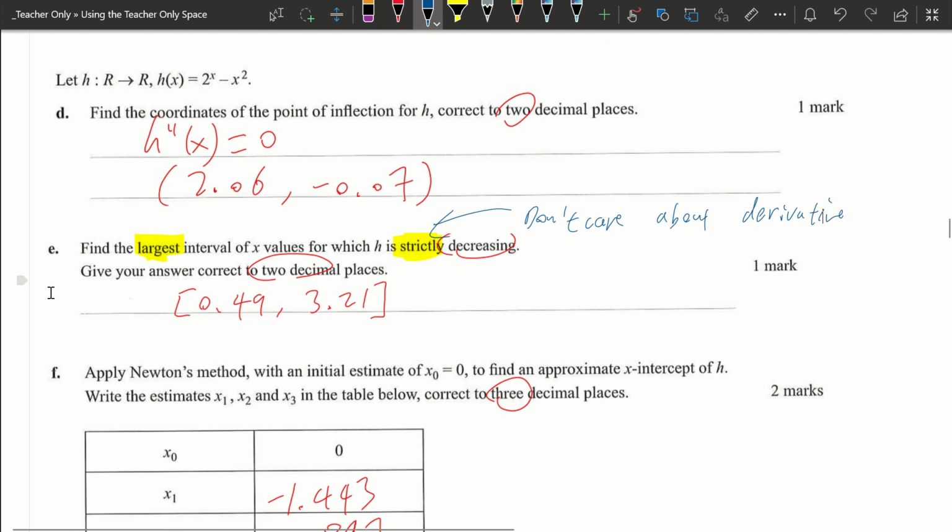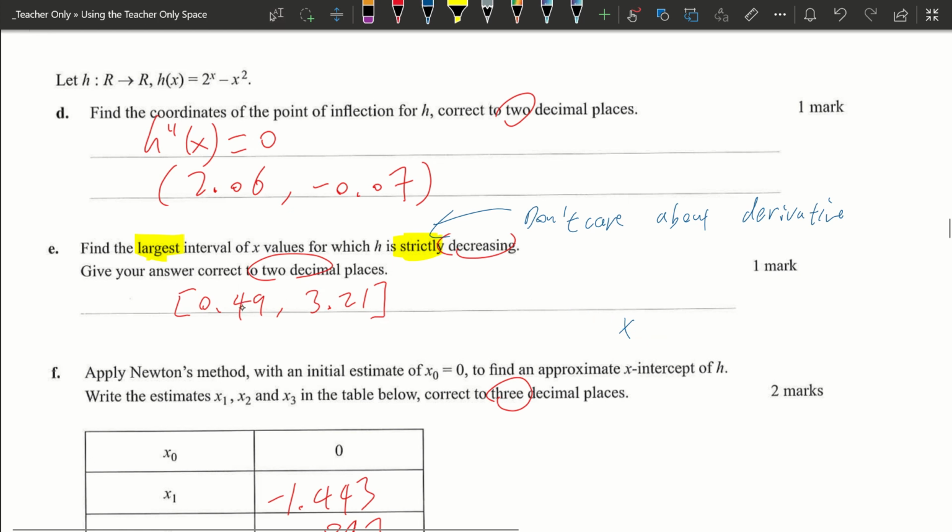It only cares about 2 points. Within the interval, you can pick any 2 points. As long as the larger x value gives you a smaller y value, then your interval is strictly decreasing, which means you should include those points, right?